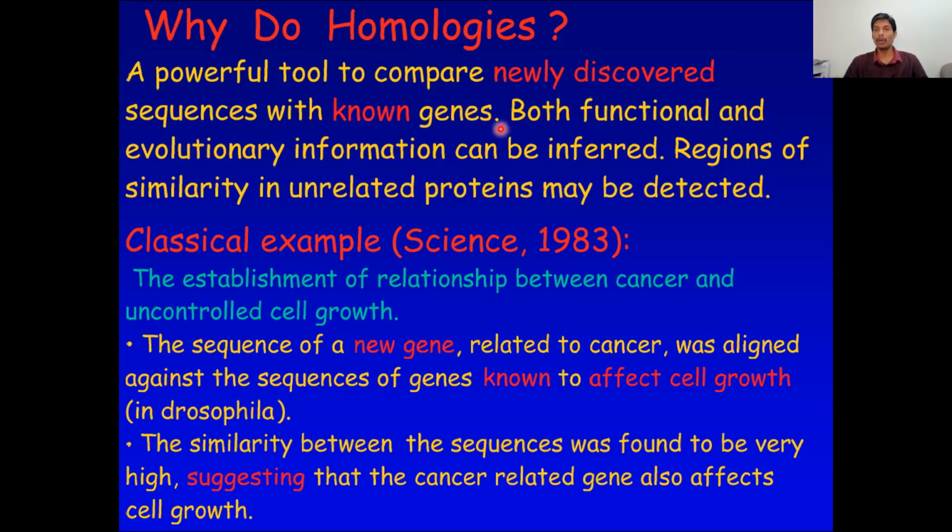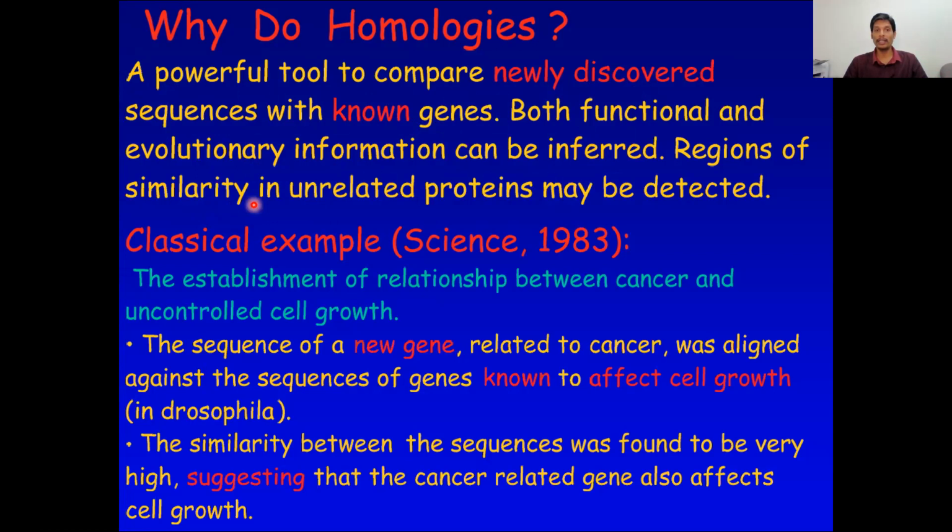So if you have found a new gene, for example, again the coronavirus spike protein, you compare the newly discovered sequence with the known genes. Both functional and evolutionary information can be inferred.